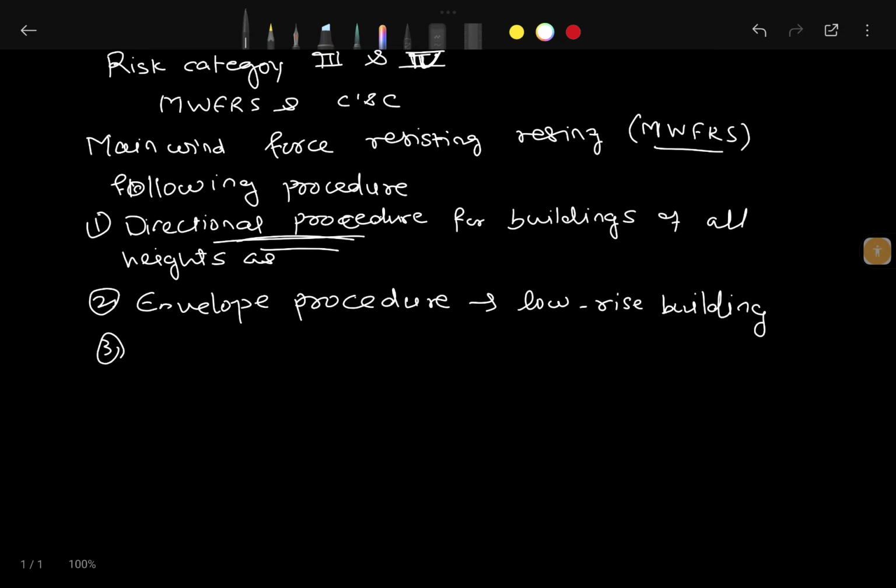This directional procedure is different from the first one, which is for all heights of structures. But the third one is for rooftop structures.